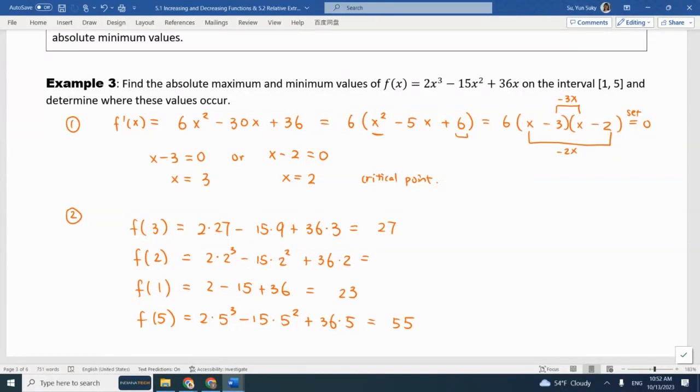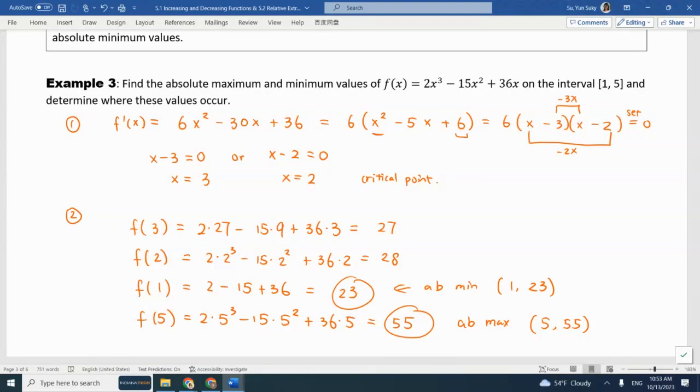Okay, good. So we get 28. And who is the biggest? 5. So the absolute maximum is 55. Who is the smallest? 1, yes. So the absolute minimum, the point is 1, 23.